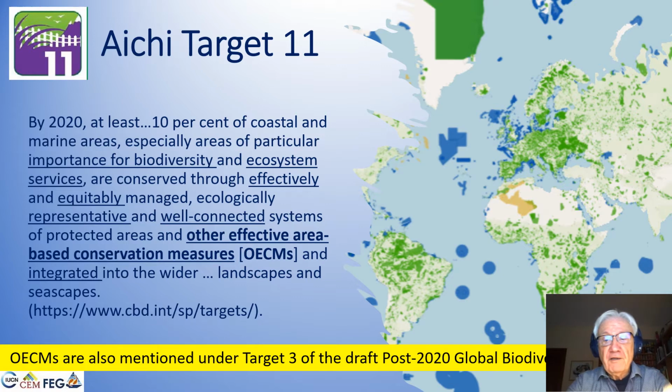OECMs were not defined at the time, but were intended to include a broad range of areas with significant conservation properties, but not recognized yet as MPAs. OECMs are also mentioned under Target 3 of the draft post-2020 Global Biodiversity Framework of the CBD.